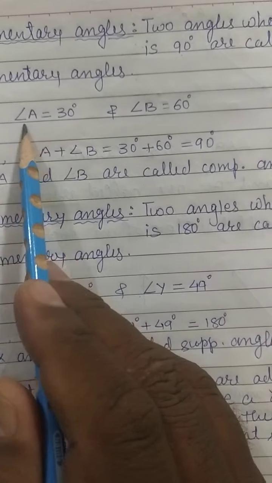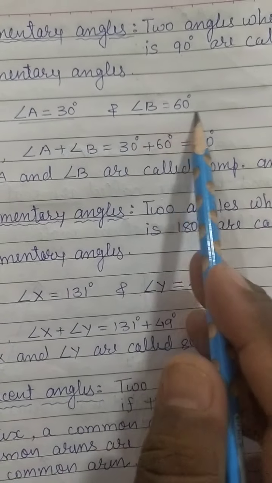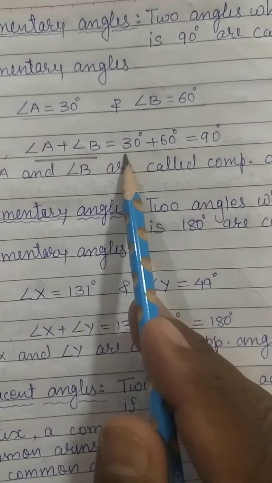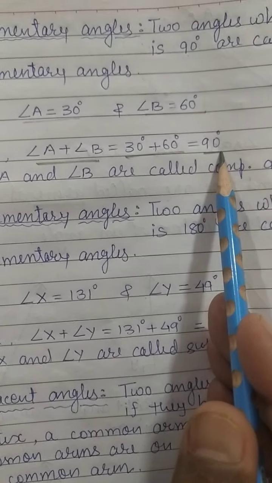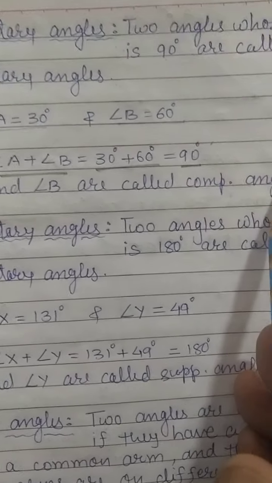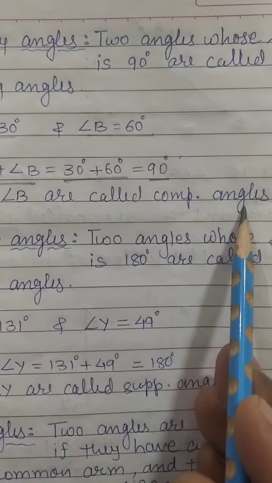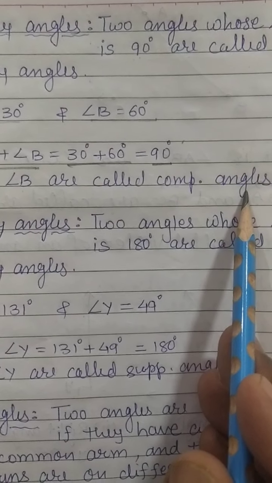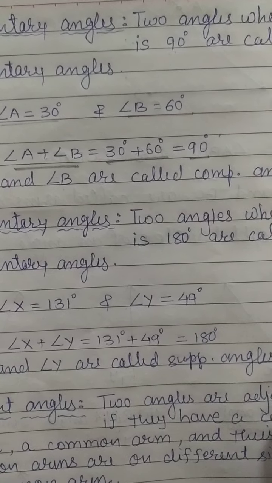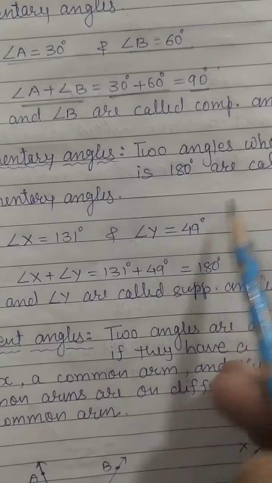As an example, if angle A is 30 and angle B is 60, the sum of both of them is 30 plus 60, that is 90 degrees, and hence angle A and B are called complementary angles, right? So if the sum of two angles is 90 degrees, then they are said to be complementary angles.